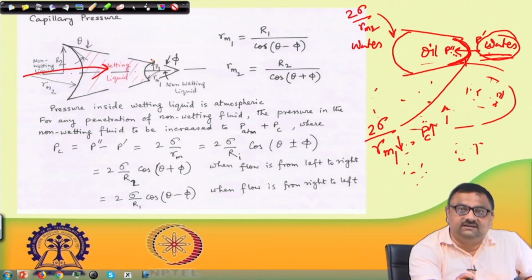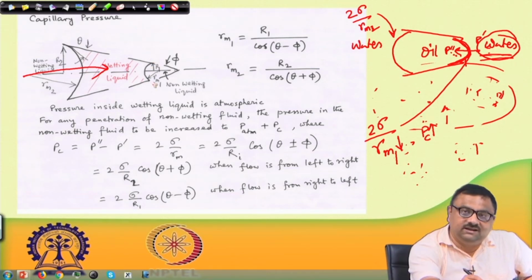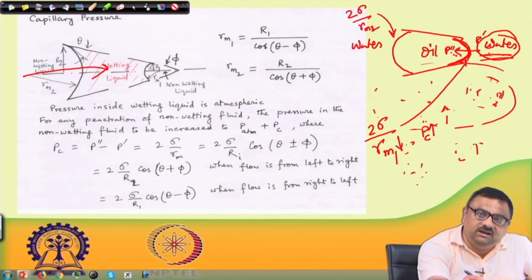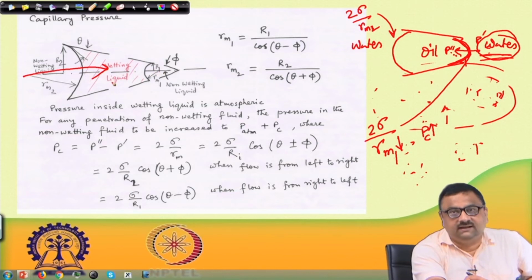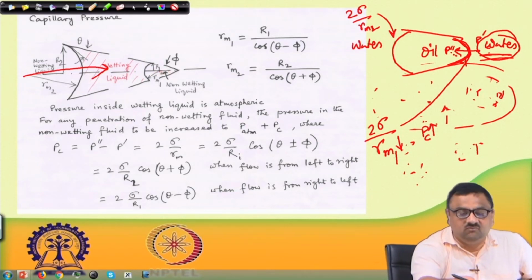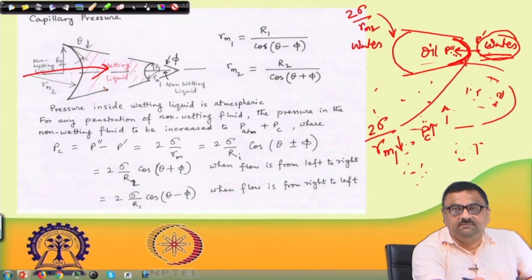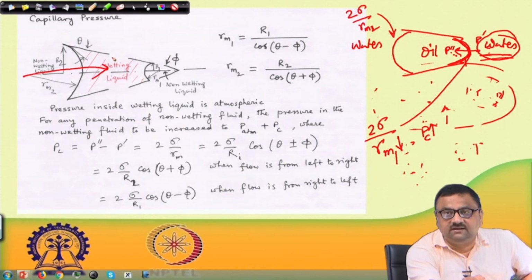The pulling action would be 2 sigma by Rm, it is inversely proportional to Rm. So, here the Rm is less, so the pulling action would be more. So, water will tend to flow from this side. If it is outside, we are increasing the pressure, we will see that the water will tend to flow from this side, because there is a sucking action on the water as the substrate is water wet.